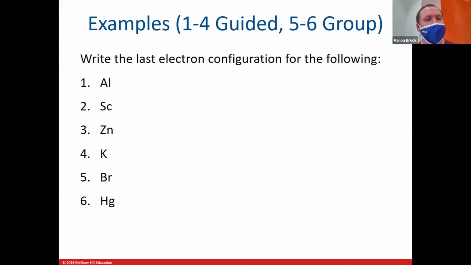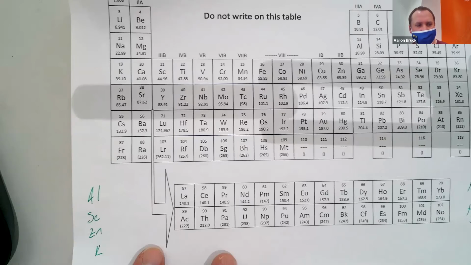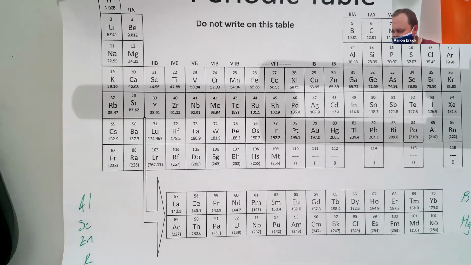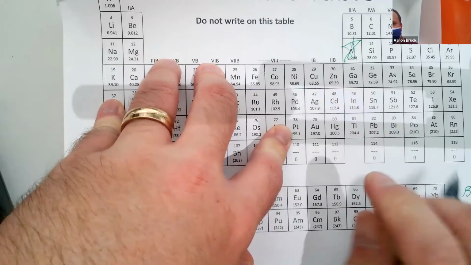So let's switch over to a periodic table and look at that more closely. So aluminum. Aluminum is right here on my periodic table.